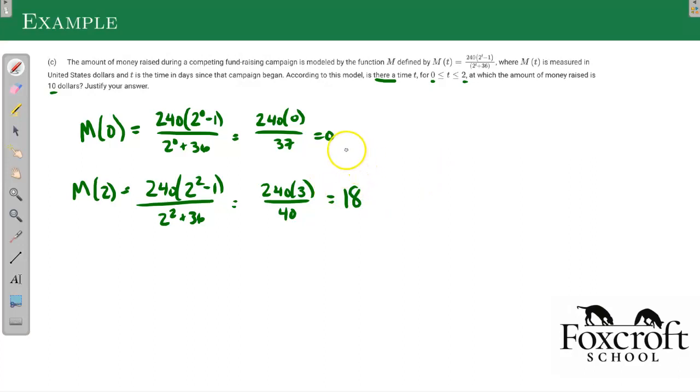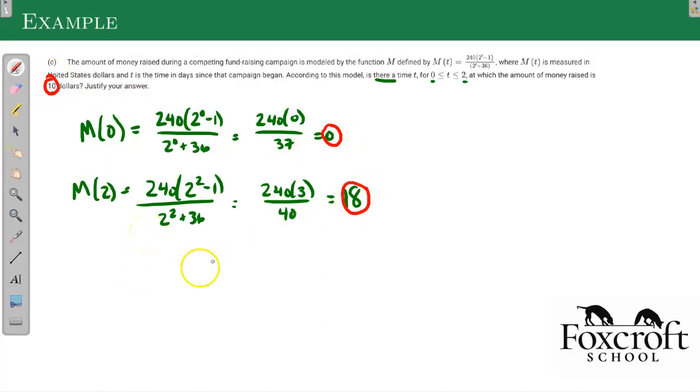All right, so how is this helpful for anything that I'm doing? Well, because I start my y value at 0, my y values end at 18. By the intermediate value theorem, I have to hit everything in between, and 10 is in between.